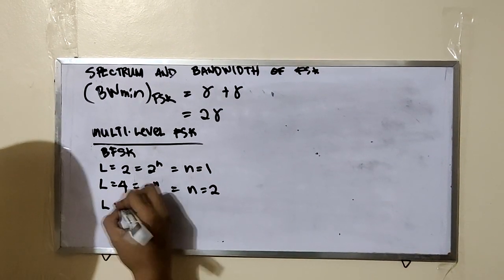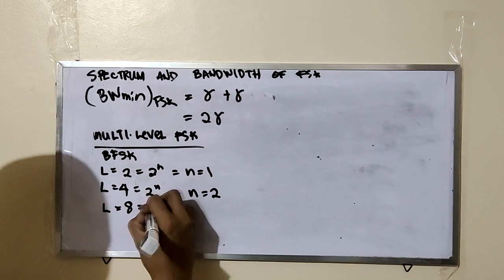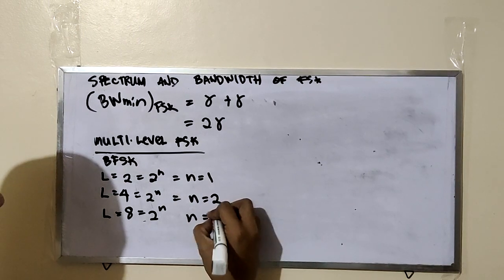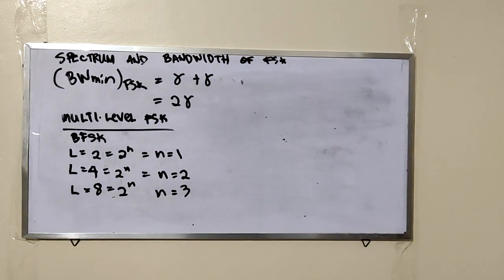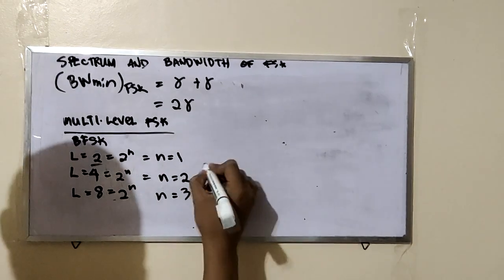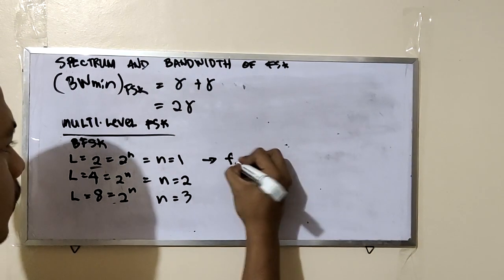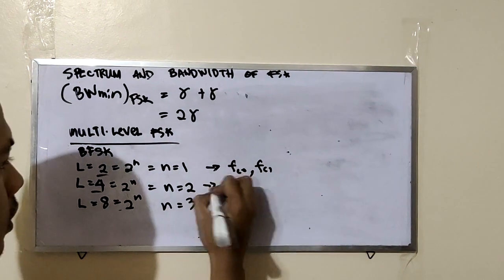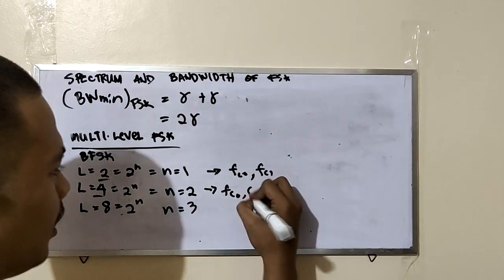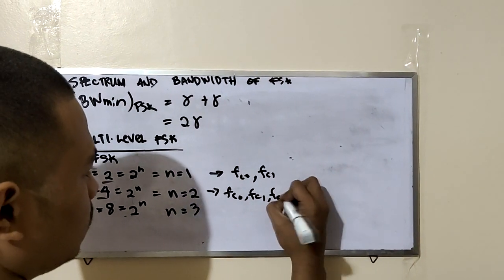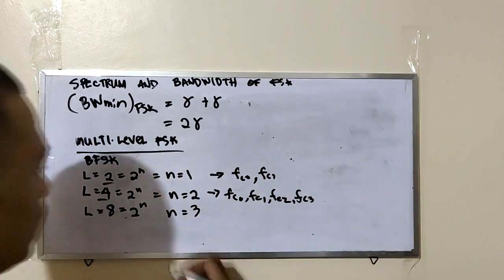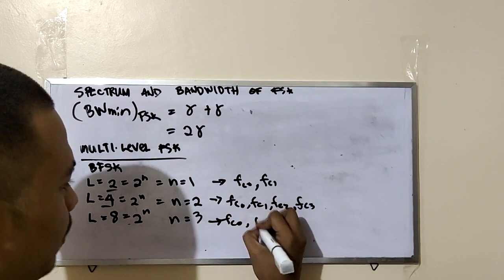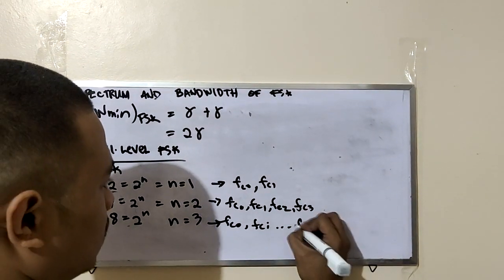When L is equals to 8, 2 raised to n is equals to 3. So kapag meron tayong level na 2, ito ay mag-represent sa frequency ng FC0 and FC1. Pag 4, FC0, FC1, FC2, FC3. Then pag 8, FC0, FC1 to FC7.